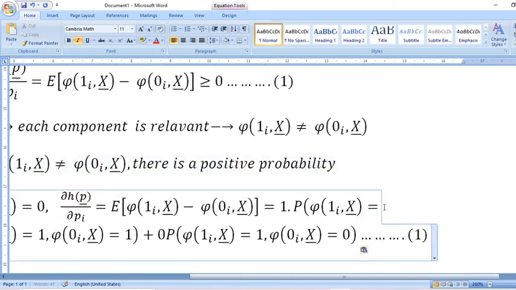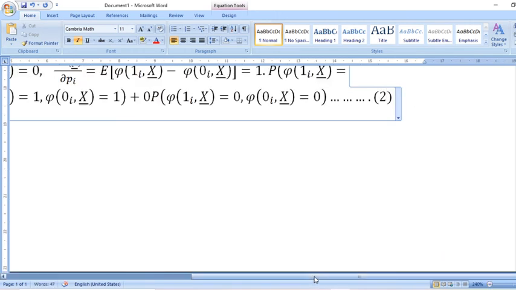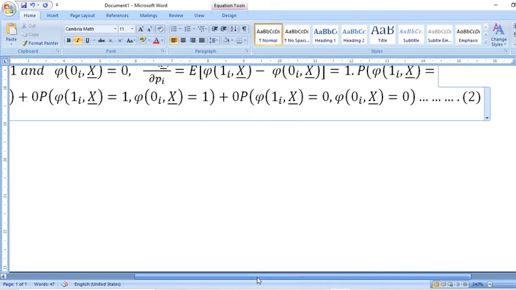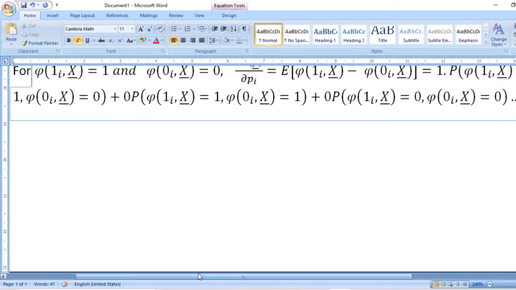What is that case? Yeah, both are 0. In this case also the difference will be 0. So this is the expectation.